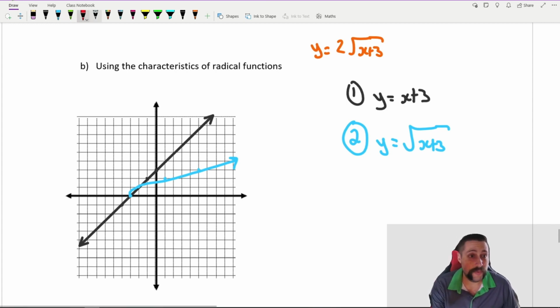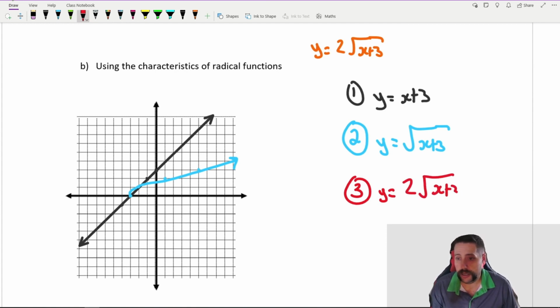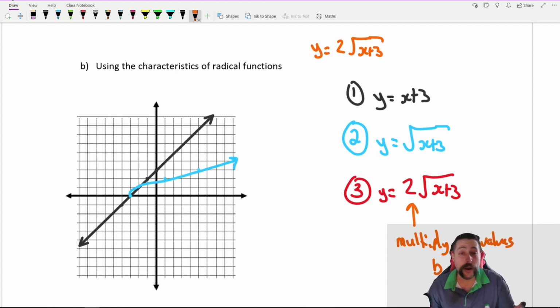The last thing we do is add the 2. What the 2 does is it doubles, so you would multiply the y values by 2. We can go ahead and do that.